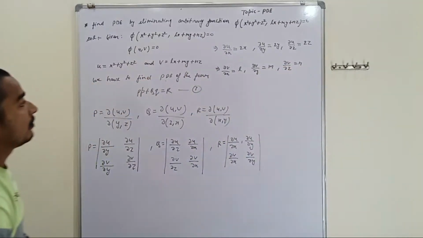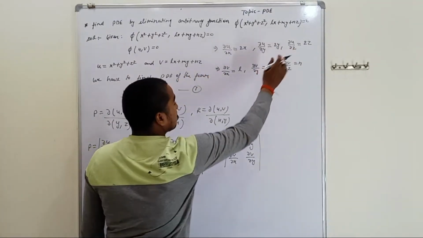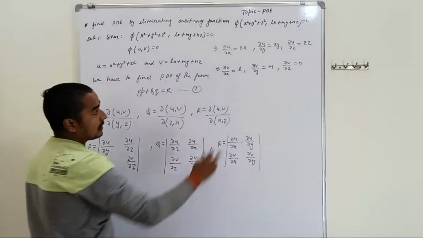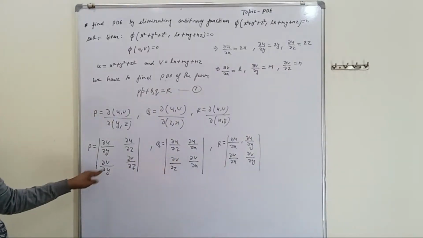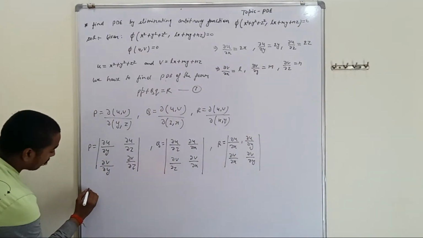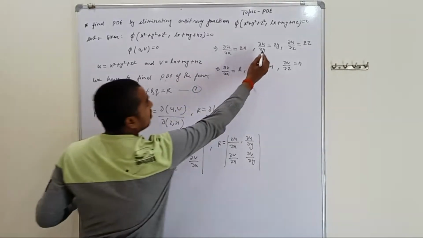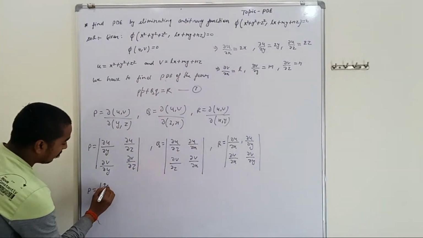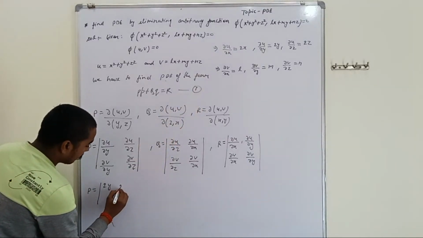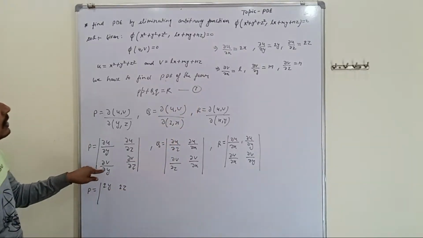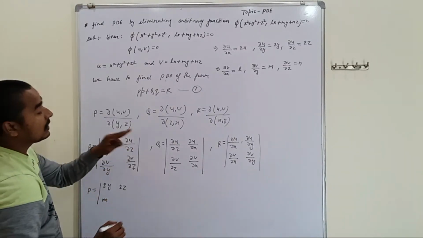Putting the values of del u upon del x, del u upon del y, and del u upon del z, and also del v upon del x, del v upon del y, and del v upon del z in the following determinant, we find the value. For p, del u upon del y is 2y, del u upon del z is 2z, del v upon del y is m, and del v upon del z is n.